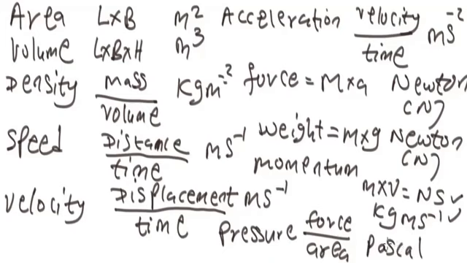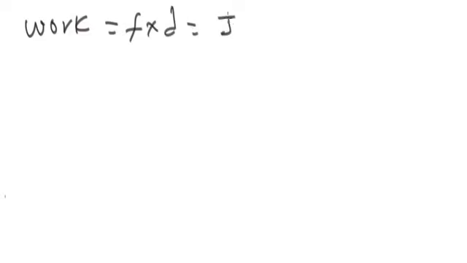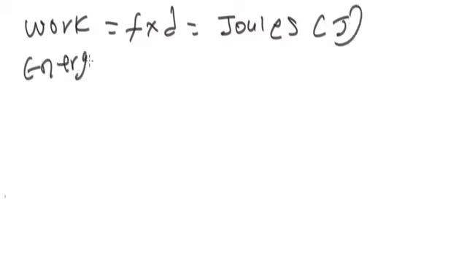Okay, so let's wipe this and look at a few more examples. Okay, so we also have work, which is calculated using force times distance, and its unit is joules. We also have energy. Alright, energy, there are various ways you can calculate energy.